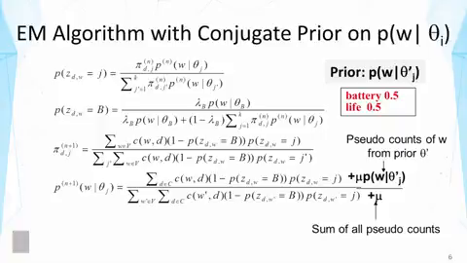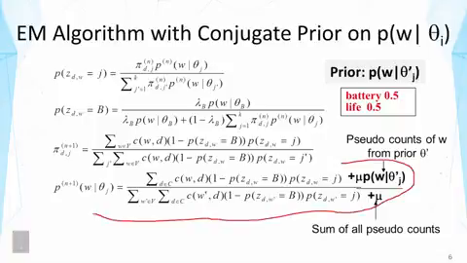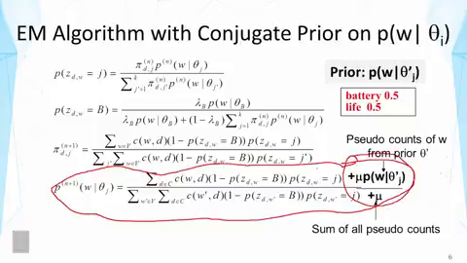And you see, this is also controlled by a parameter mu, and we're going to add mu multiplied by the probability of w given our prior distribution to the collected counts when we re-estimate this word distribution. Right, so this is the only step that's changed, and the change happened here. And before, we just collected the counts of words that we believe have been generated from this topic.